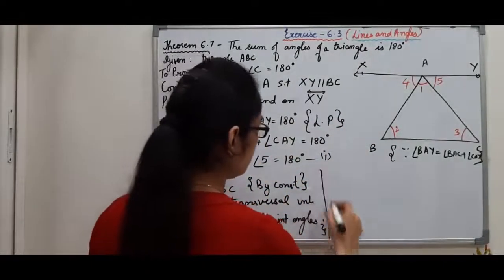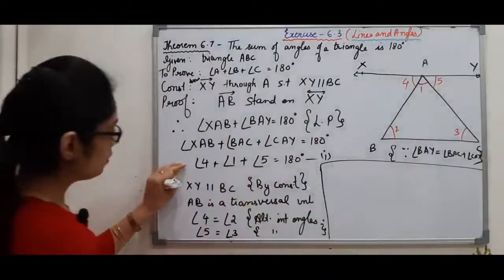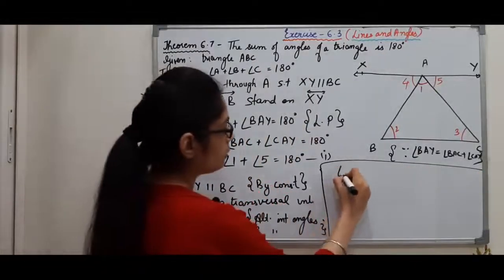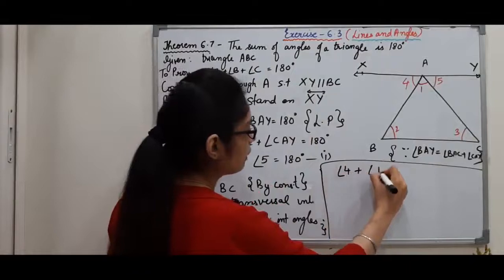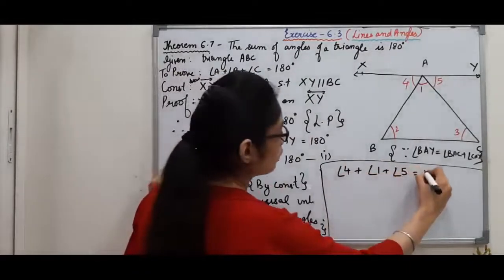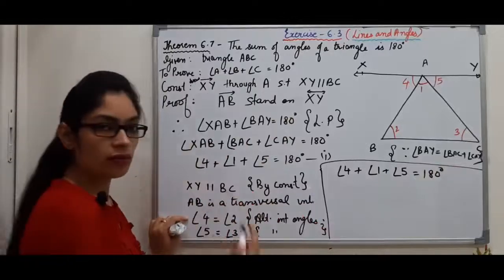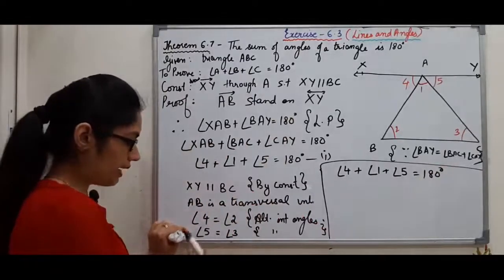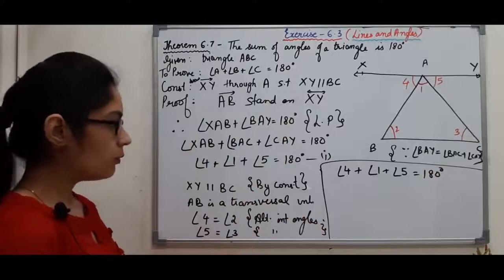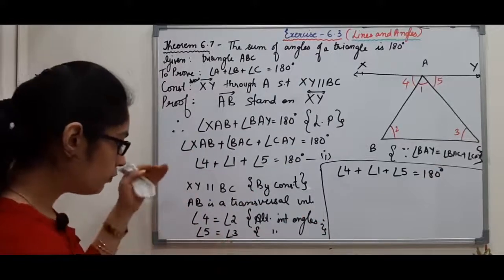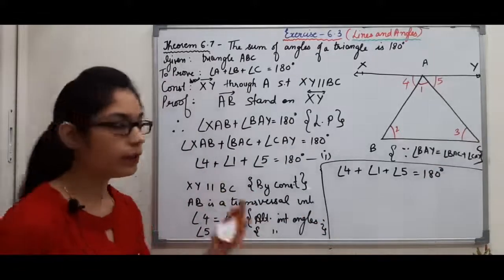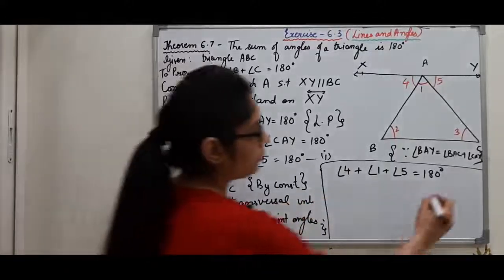Now we can rewrite our first point: angle 4 plus angle 1 plus angle 5 is equal to 180 degrees. Now we know angle 4 is equal to angle 2 and angle 5 is equal to angle 3. So we can substitute the values of angle 4 and angle 5 as angle 2 and angle 3 in point number 1.